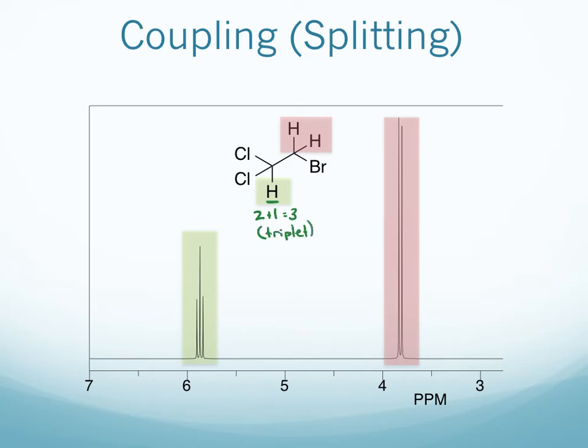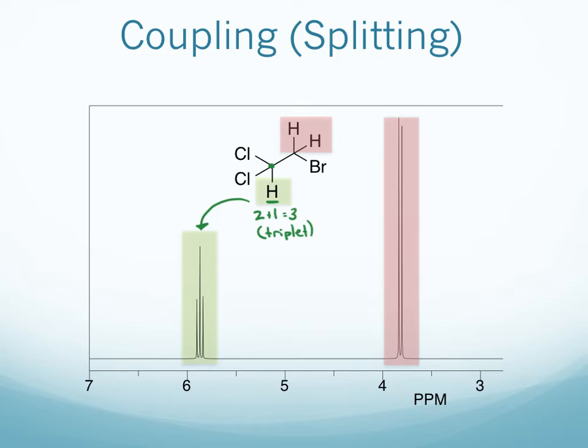That means it's split into 3 lines. This tends to be pretty far downfield because the carbon has 2 electronegative atoms. So that really pulls that proton downfield. And here is the triplet that we see. It's actually at about 5.8. And you see that it's split into 3 lines, and that's our triplet.